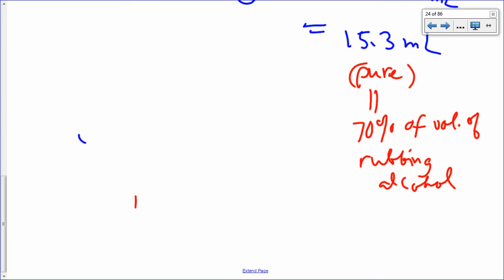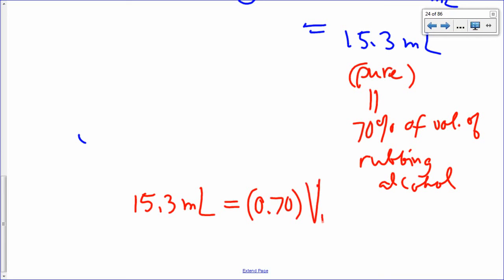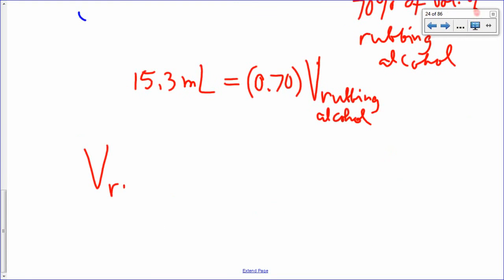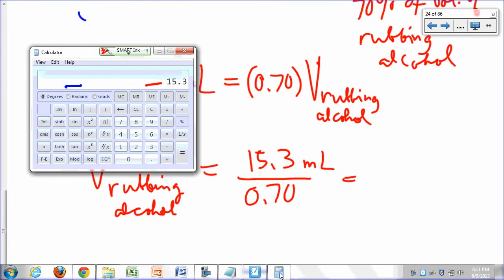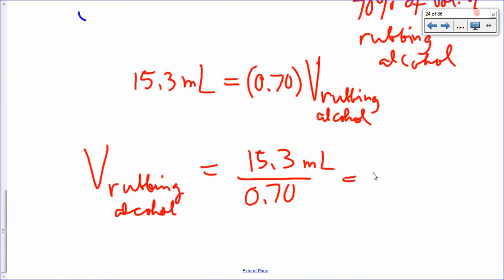So you say 15.3 mL is equal to 0.70, that's 70% of the volume of the rubbing alcohol that you need. So the volume of the rubbing alcohol that you need is equal to 15.3 divided by 0.70, and that should give you 21.9 milliliters.